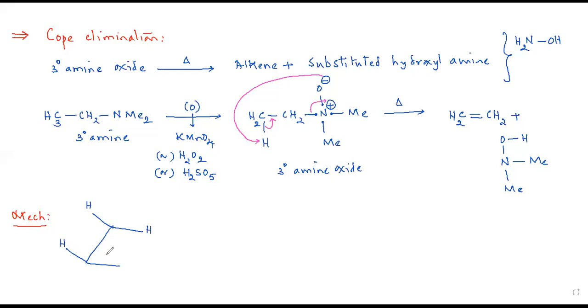Again, syn elimination, and the product formed is, of course, Hofmann. H. Then this. We have N plus, Me taken twice, then the O minus.